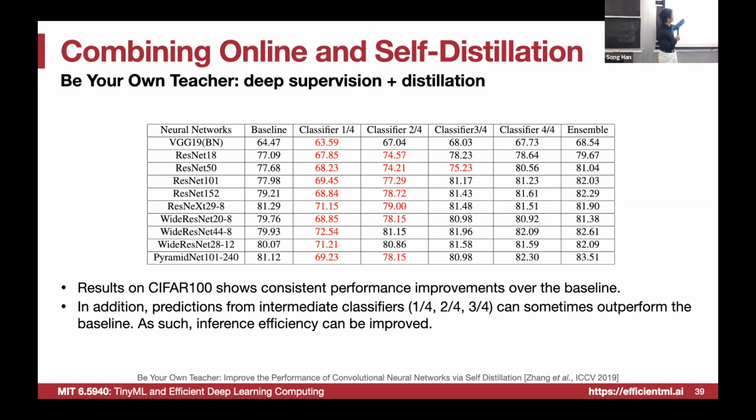For ResNet 152, finishing 3 stages can match or even beat the accuracy of the baseline model. So the earlier, the better. Like this one, after classifier 2, it already matches the accuracy of the baseline, so it doesn't have to go through anything deeper. You can certainly go deeper and even ensemble the predictions across different stages together, and you can achieve even better accuracy compared with just running the baseline model.